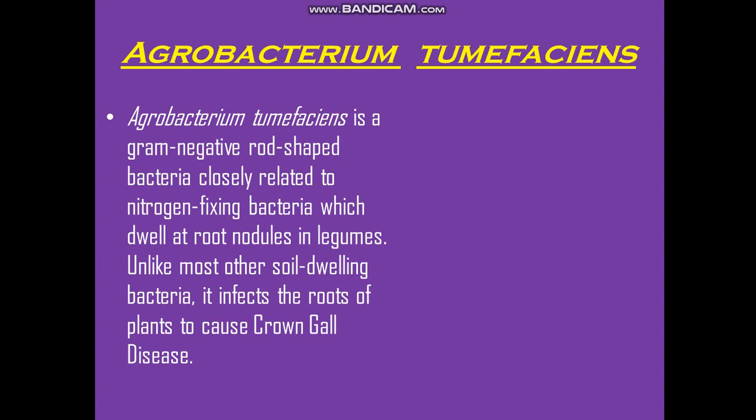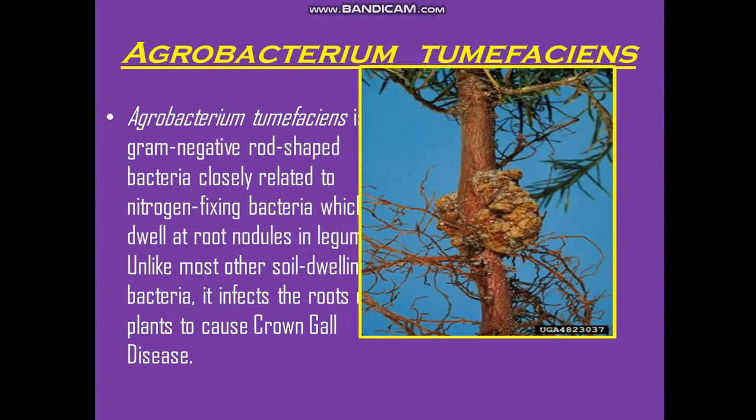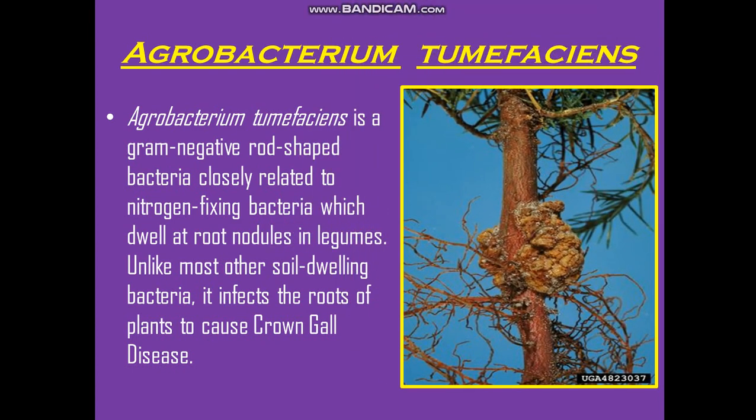Unlike most soil dwelling bacteria, it infects the roots of the plant to cause crown gall disease. See here, this kind of gall is being formed because of this bacteria. This gall formation is because of an increase in growth.